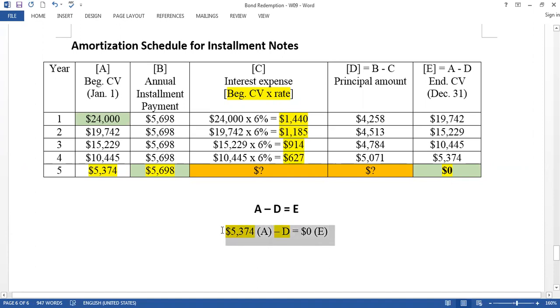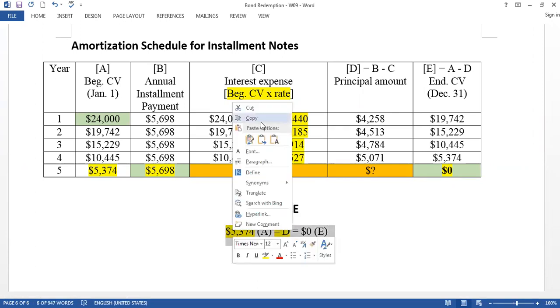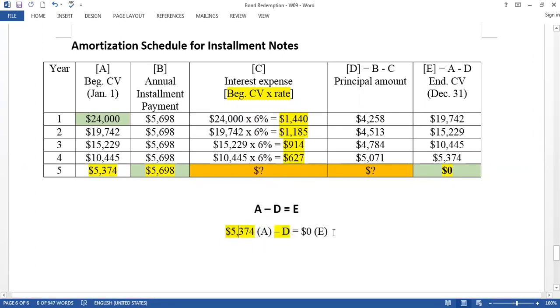So if we want to prove it, how to make it 0? This amount minus this amount is 0.